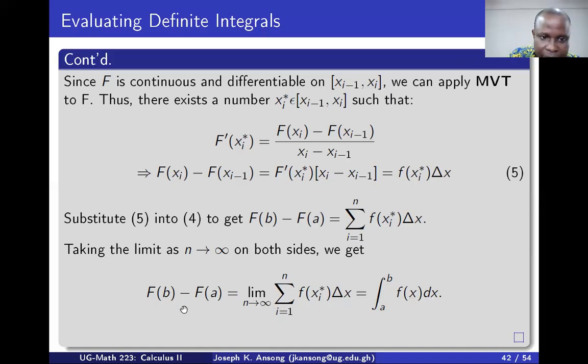So we have proved that the integral from a to b of f of x dx is equal to capital F of b minus capital F of a. This is what we wanted to prove. So we have proved FTC2, the second part of the Fundamental Theorem of Calculus. In this case, we call it the Evaluation Theorem.